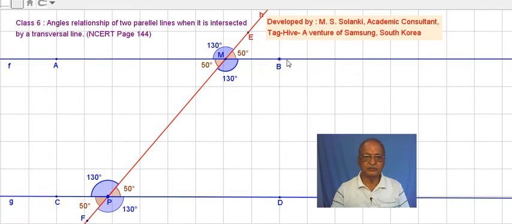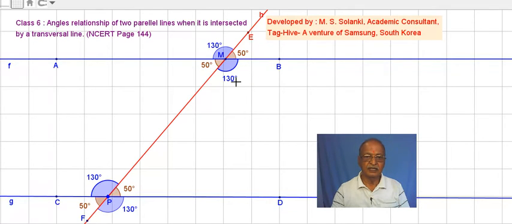In the case of two parallel lines intersected by a transversal line, number one, alternate interior angles are equal. Number two, corresponding angles are equal.